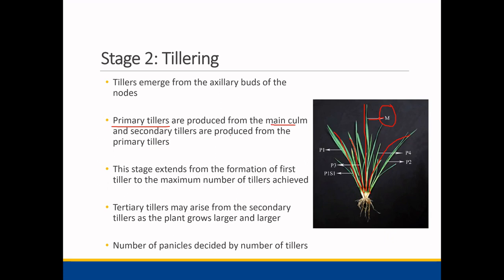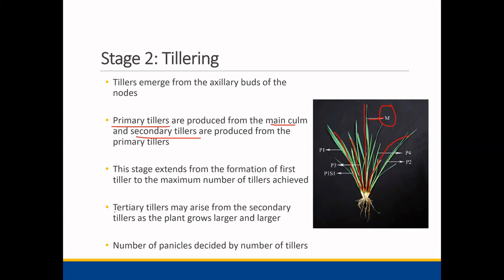Then secondary tillers are produced from the primary tillers. This stage goes on from the formation of the first tiller to the maximum number of tillers achieved. Each variety will have its own maximum number of tillers, and until they achieve that, they will keep developing tillers.